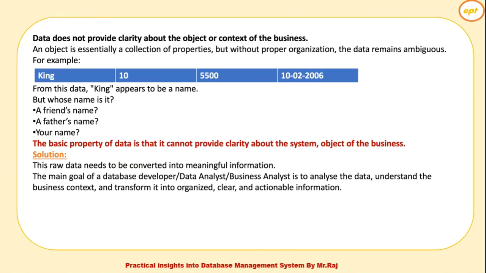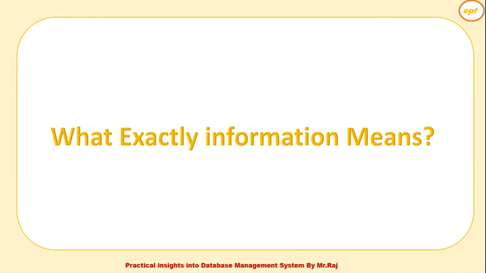All right, we'll move further. Okay, what exactly does information mean? Tell me. Now you have seen so much, we have talked about data, right? And we have given a hint also, right? So now tell me, you already understood a little bit, I believe.